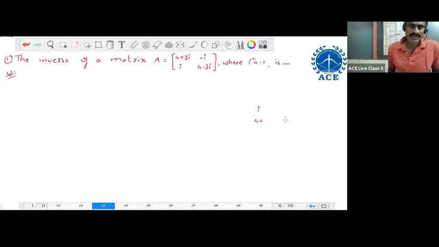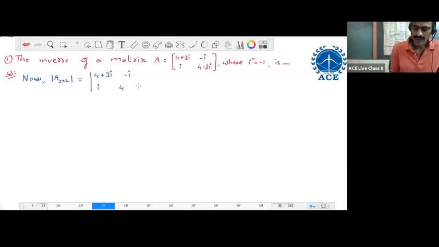To find the inverse of the matrix, the given matrix should be non-singular. So let us check whether the given matrix is singular or non-singular. Now, the determinant of A equals the determinant of the 2 by 2 matrix 4 plus 3i, minus i, i, 4 minus 3i, which implies determinant of A equals product of diagonal elements minus product of non-diagonal elements.